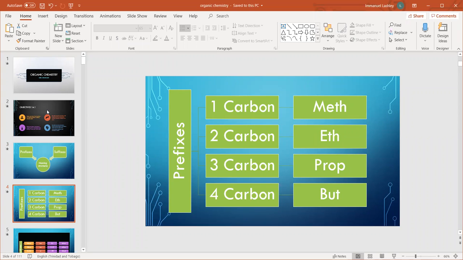Met represents 1 carbon, et represents 2 carbons, prop represents 3 carbons, and but represents 4 carbons. So each of them represents a carbon number. Et is 2, met is 1, and so on.